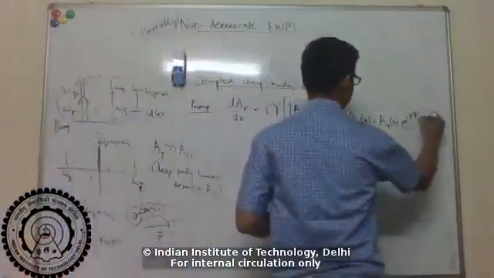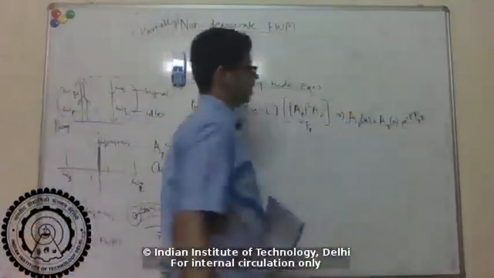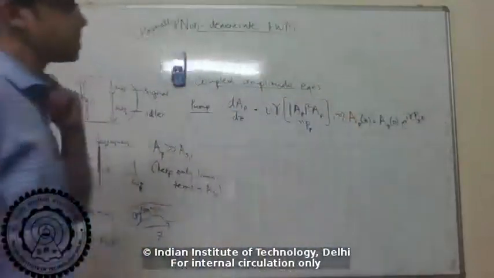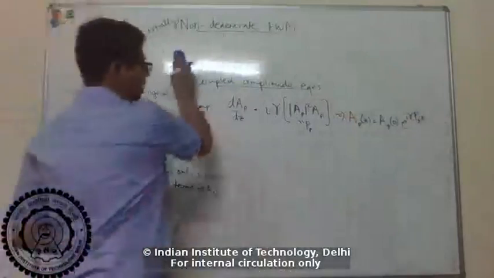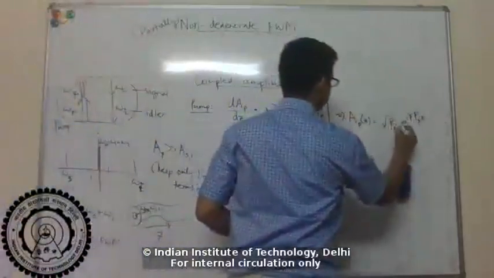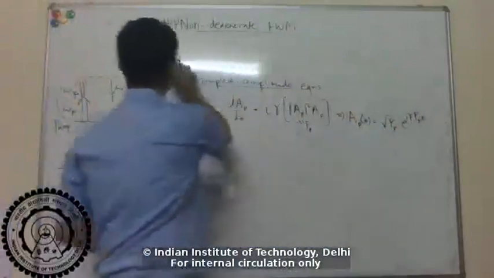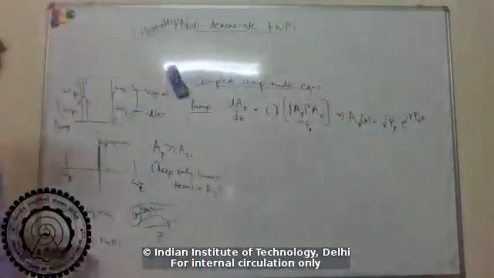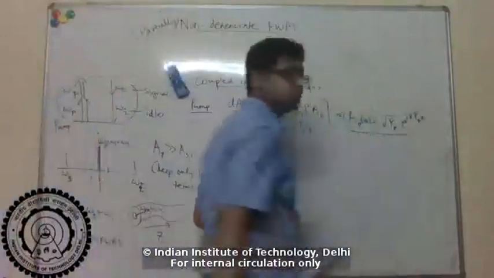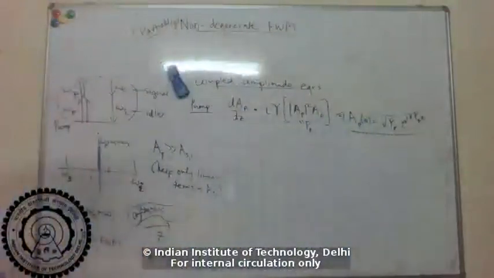So it just acquires a phase which is gamma P, right? That's the self-phase modulation phase. And AP0 I can also just write as the square root of my input pump power. So the pump basically just propagates acquiring a nonlinear phase.